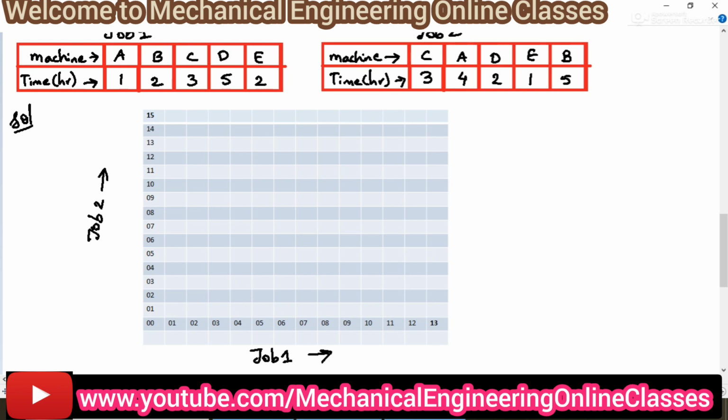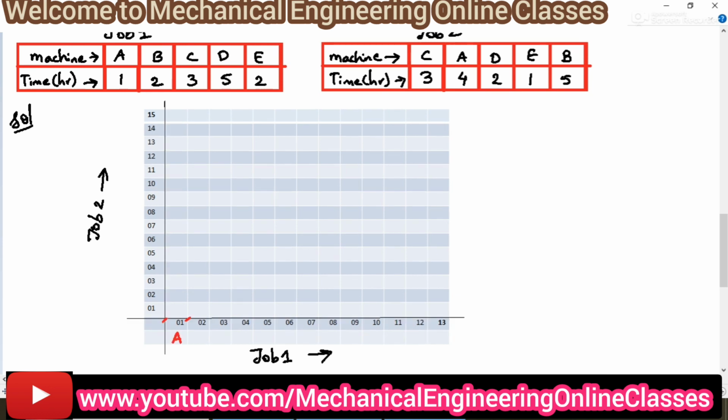Now let us mark the machine sequences on the axis with the time scale. After 1 hour, it will stay with machine B for the next 2 hours. So the next 2 hours is this. It will be with machine B. Then for the next 3 hours, it will be with machine C. Then for the next 5 hours, it will be with machine D. So 5 hours from the 6 is 11.